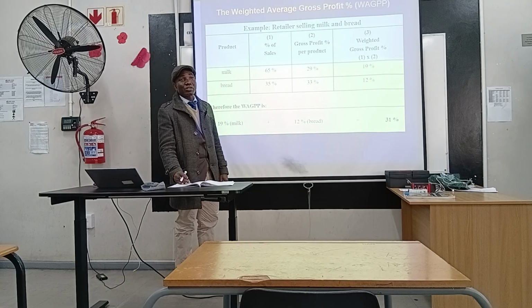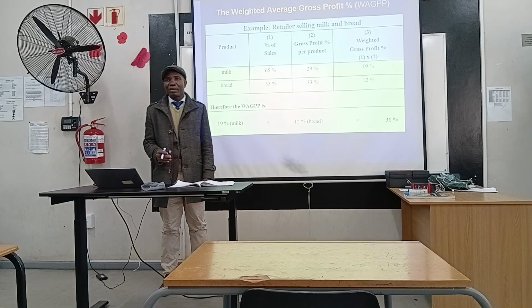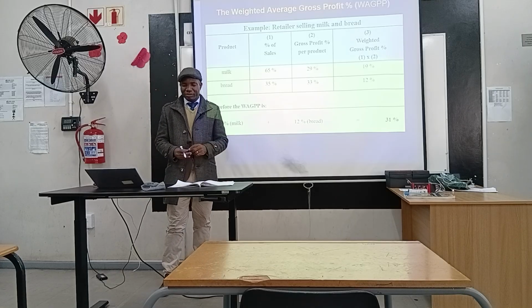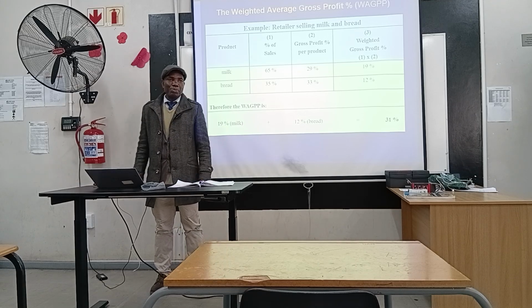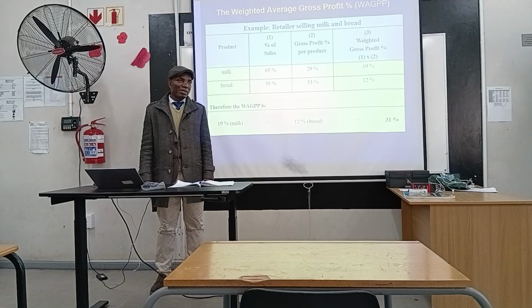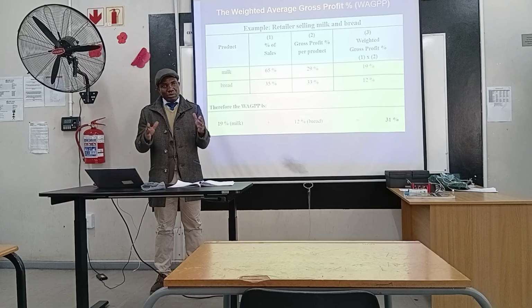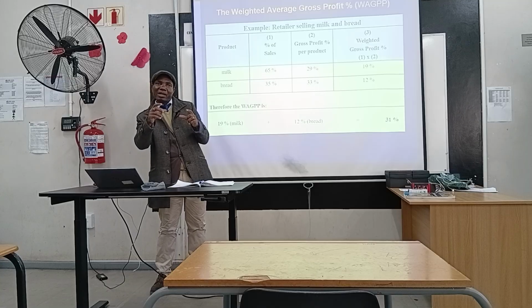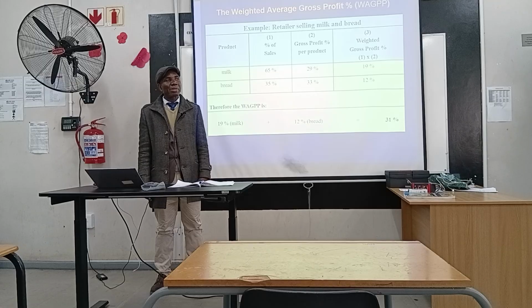Do you understand? Because if you are calculating a profit margin, there are a lot of things that you look at. For example, if I'm doing a tender and you ask me to supply an item, if I know that the cost of that item is very high, when you look at the profit margin, you estimate, okay, if I put a higher profit margin, perhaps at the end of the day the price is going to be too much.